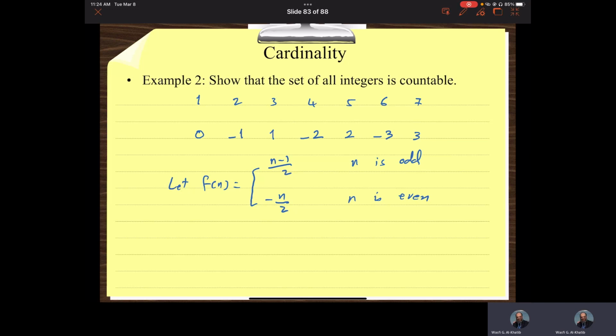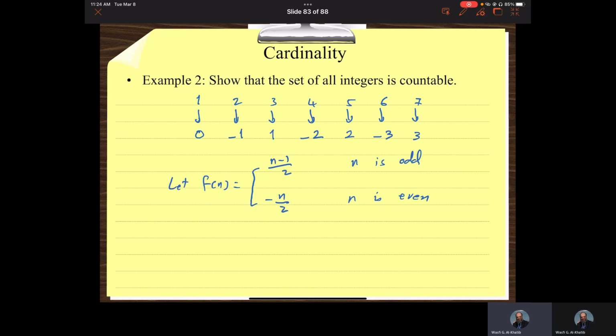That's why another way of showing that a set is countable is that if you can list all its elements. For example Z plus, all its elements: 1, 2, 3, 4 until infinity.